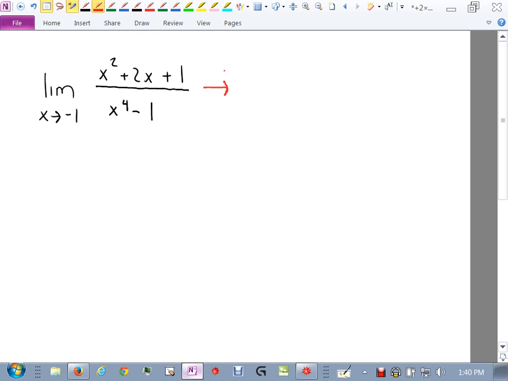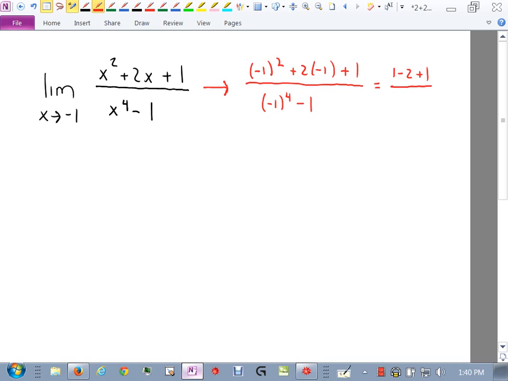So direct substitution comes first, right? So negative 1 squared plus 2 times negative 1 plus 1. We do not want to assume, oh yeah, it's going to be 0 over 0, until we convince ourselves it is. Is it? It's 1 minus 2 plus 1 on top.